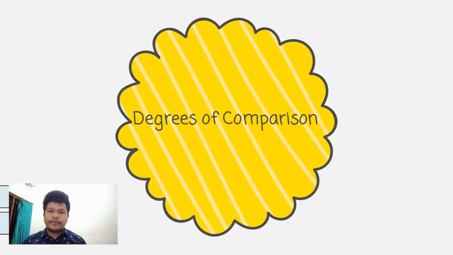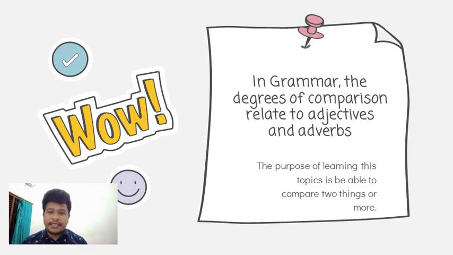Okay, what is the degrees of comparison? So basically, in grammar, the degrees of comparison relate to adjectives and adverbs. Therefore, by learning these materials, you will be able to compare two things or more.